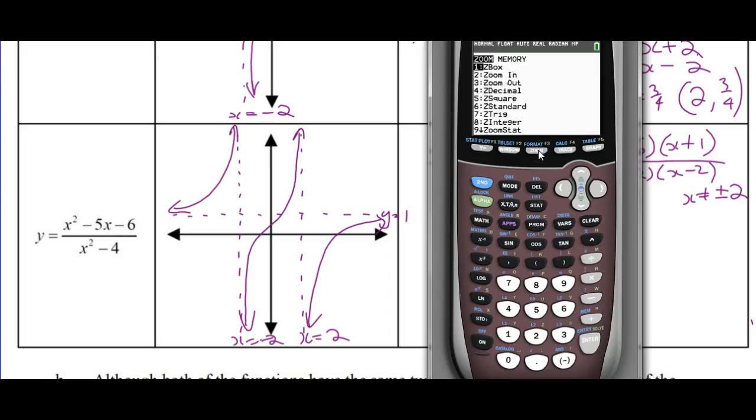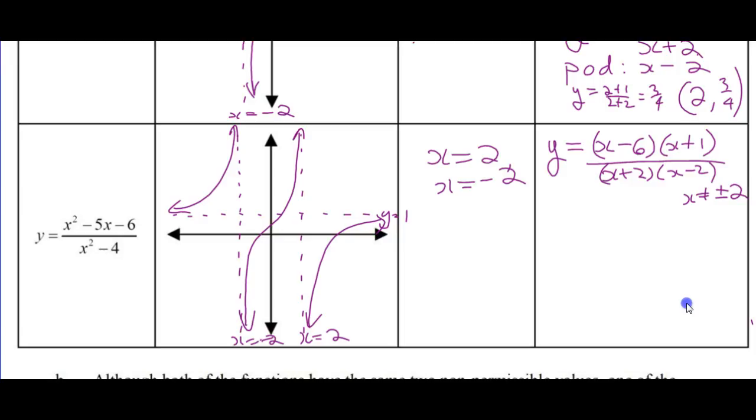So I'd be better off doing a standard window here. We just would see more of it. But it's really, what's the behavior of the graph as x gets really large at a positive or negative value? Okay. See, now you can see it's really getting close too. So asymptotic behavior for a horizontal asymptote, it's not what's in close, it's what's out far.